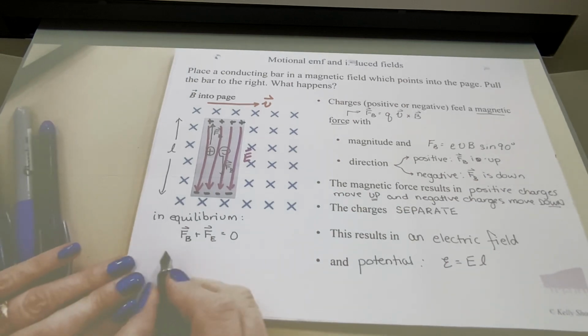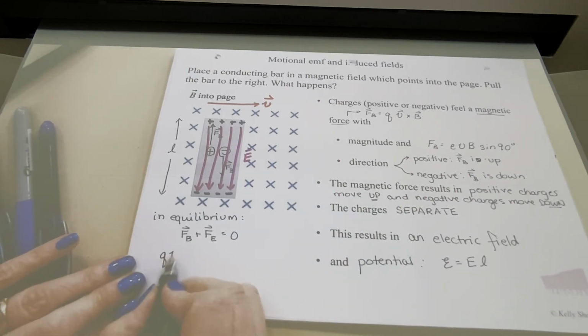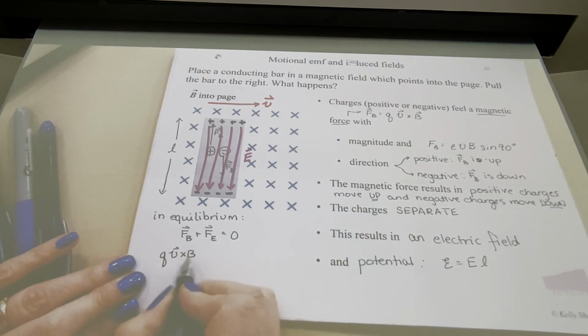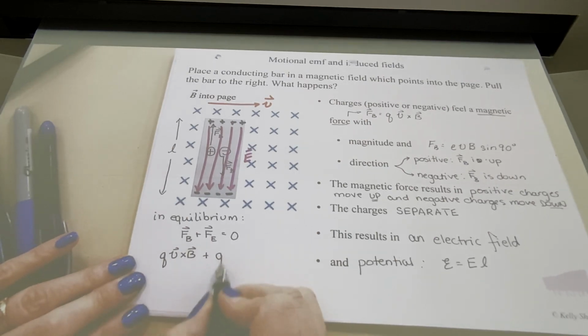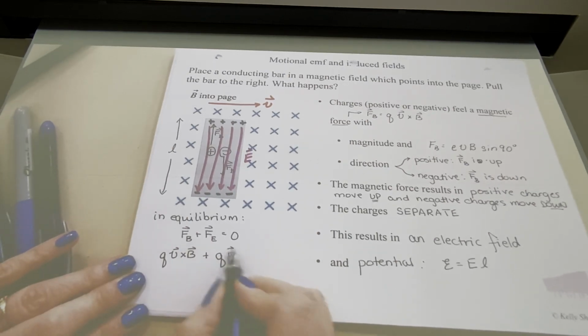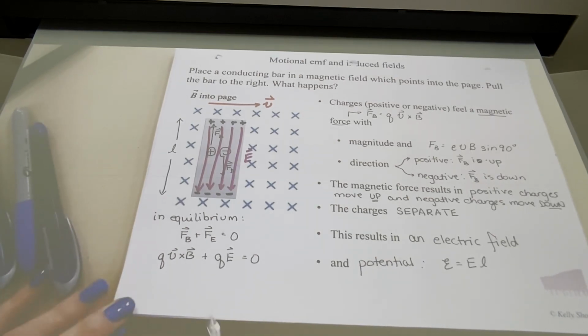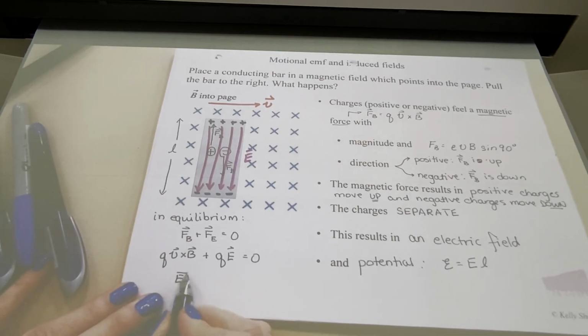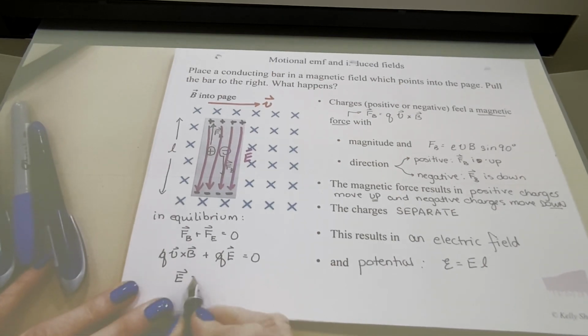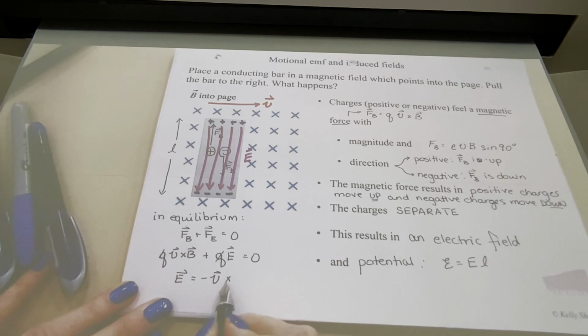Our magnetic force is Q V cross B, and our electric force is Q times E. This is kind of interesting. To me, this is really kind of neat. So this says that my electric field then, if I divide both sides by Q, is minus V cross B.